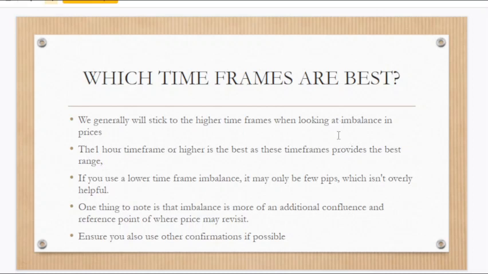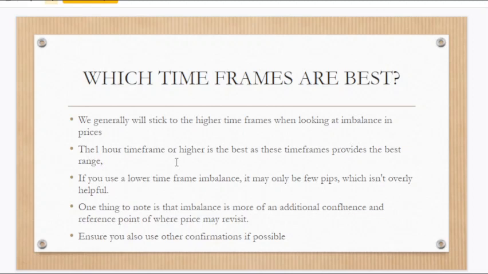Which time frame should I use, or which time frames are best when it comes to imbalance? We generally stick to the higher time frames when looking at imbalance in prices. The 1 hour time frame or higher is the best, as these time frames provide the best range.